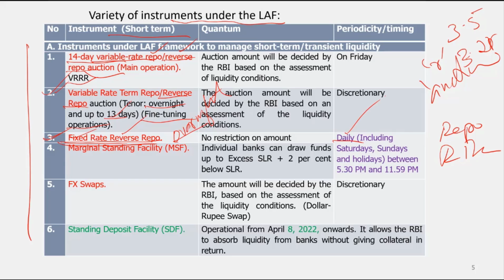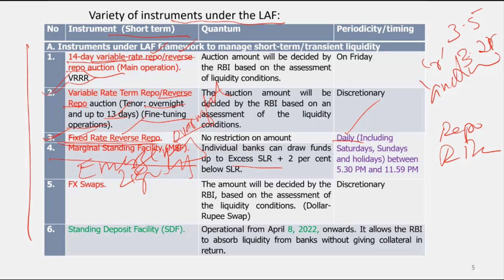And the next important one is the marginal standing facility, which is an emergency liquidity facility. Here the RBI provides funds to the banking system when a particular commercial bank doesn't have enough funds, or doesn't have enough government securities to cover the SLR.